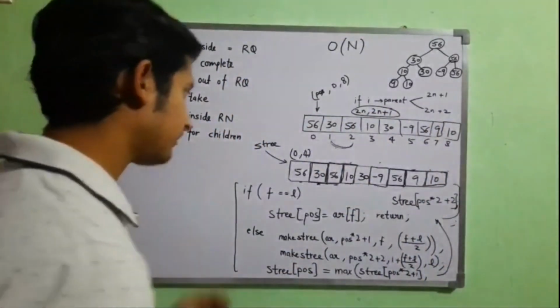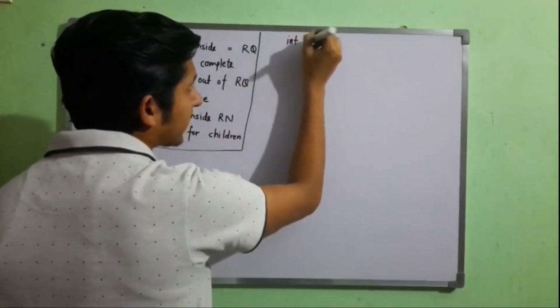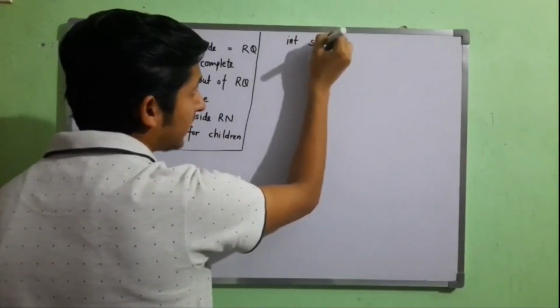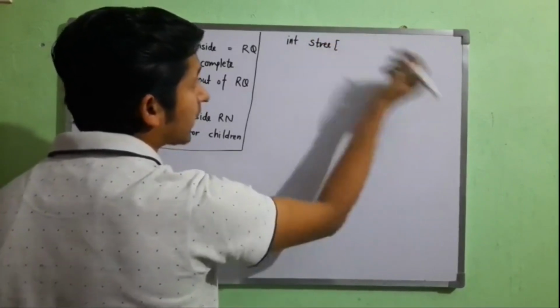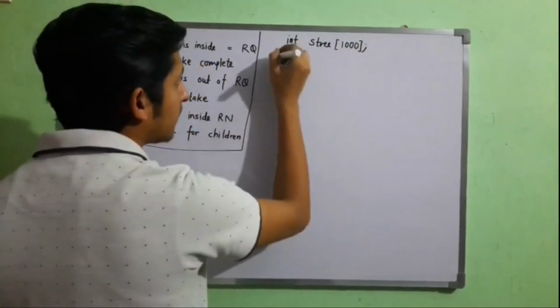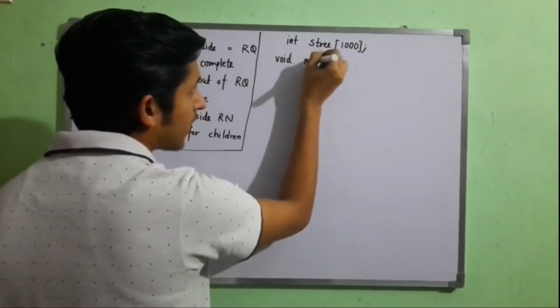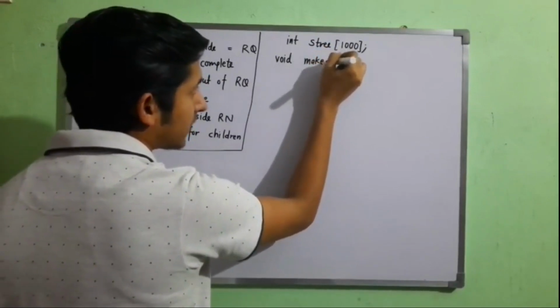Okay, now, firstly I'll make the integer array, that segment tree, with a great size. Now void is the return type of this function. The function is make segment tree, makes tree.